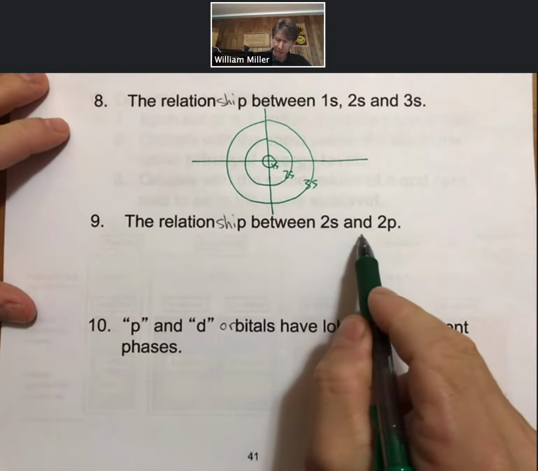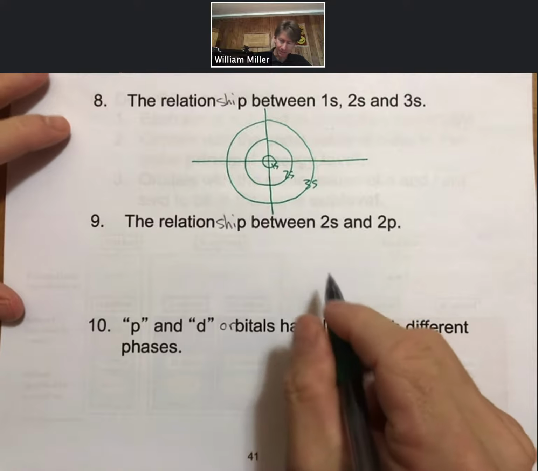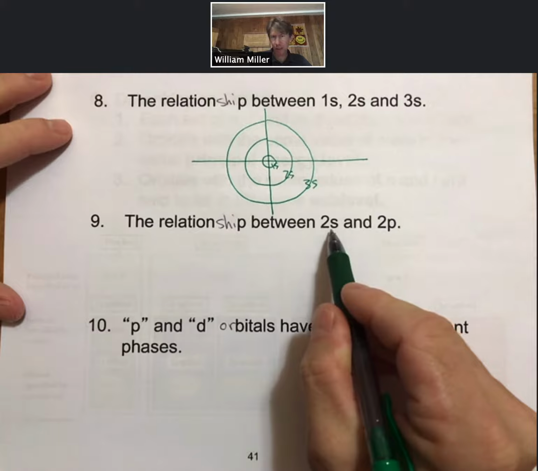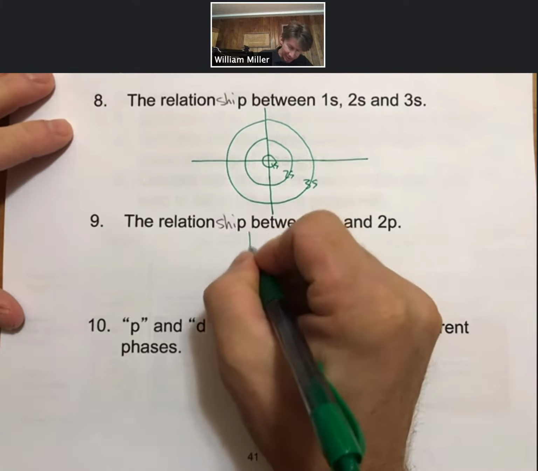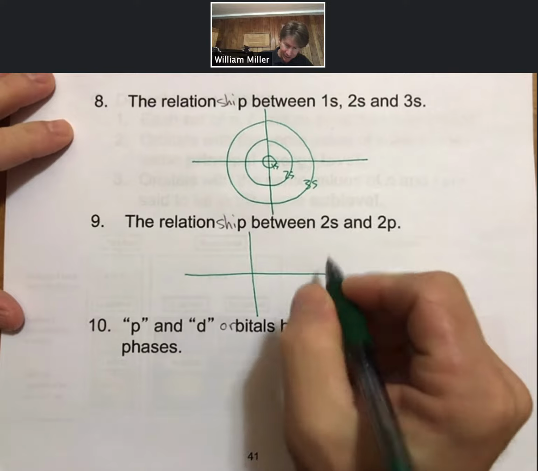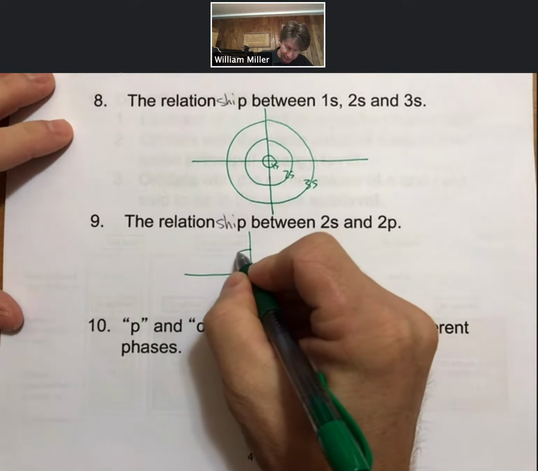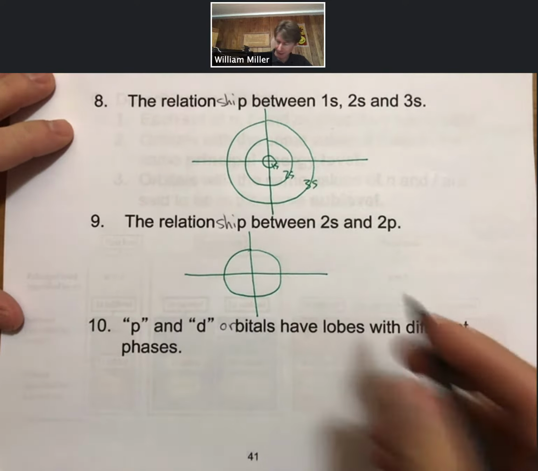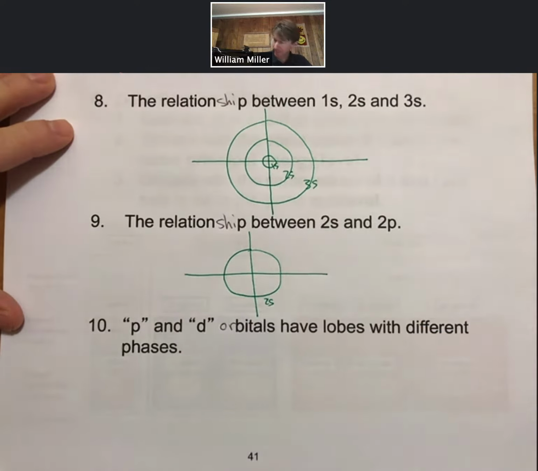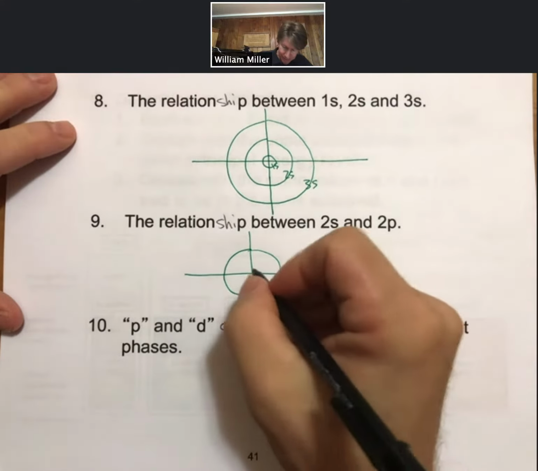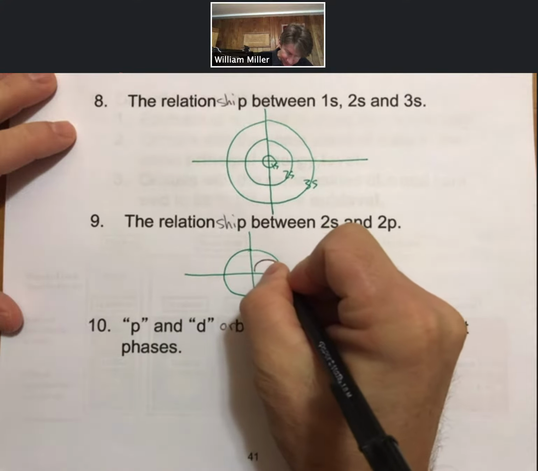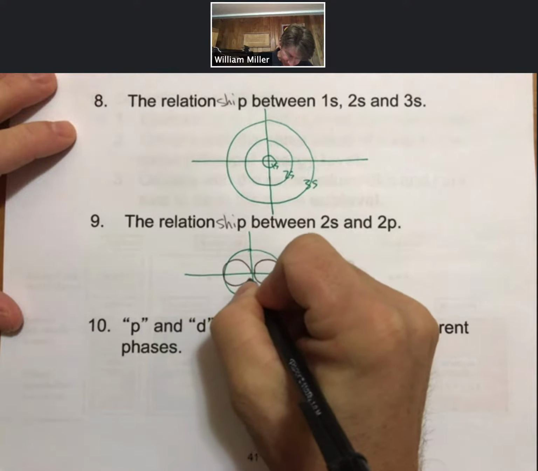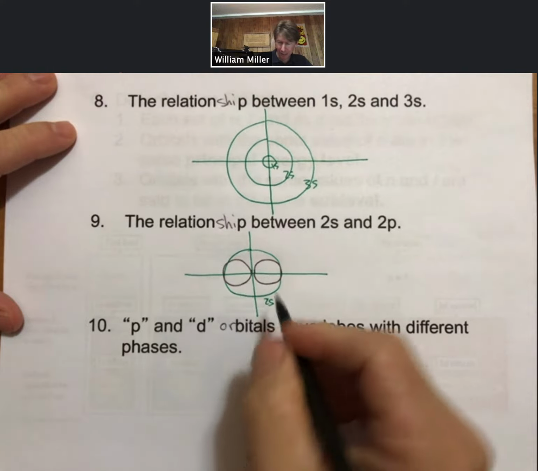The relationship between 2s and 2p, well, the short answer is that 2p fits within 2s. And so that means if I draw 2s, similar to what I've just done above, and label it 2s, then 2p doesn't touch the nucleus. And it fits, again, within the same space.